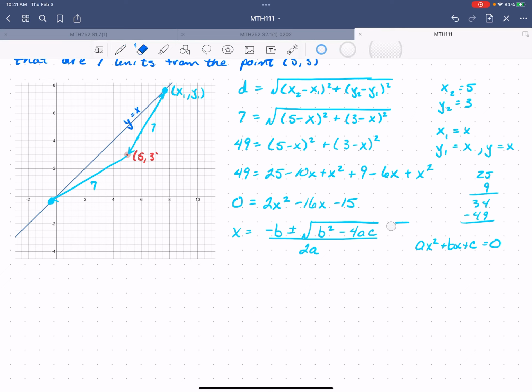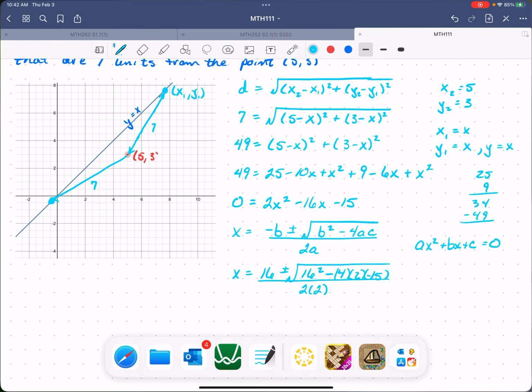So in this case, a is 2, b is negative 16, and c is negative 15. So x is going to be 16 plus or minus the square root of 16 squared minus 4 times 2 times negative 15, all over 2 times 2.